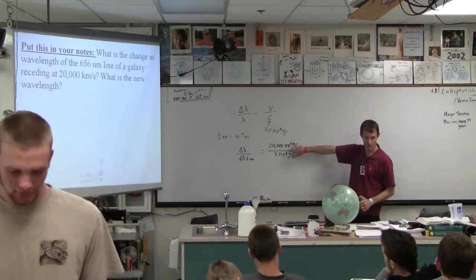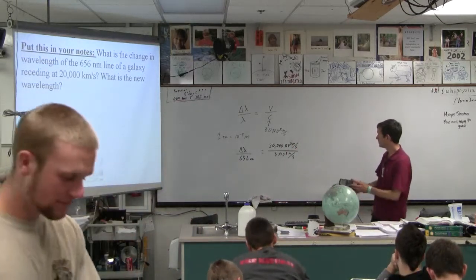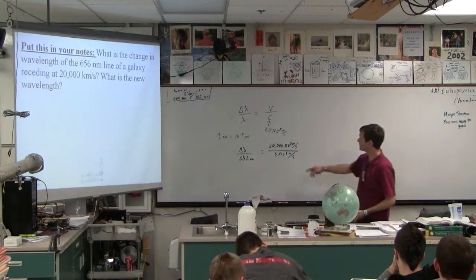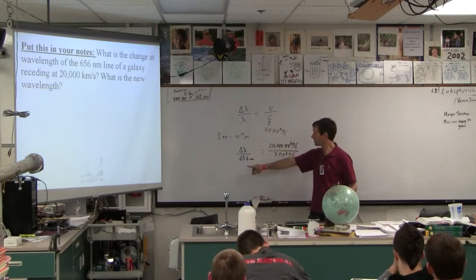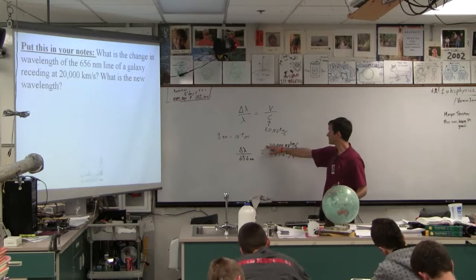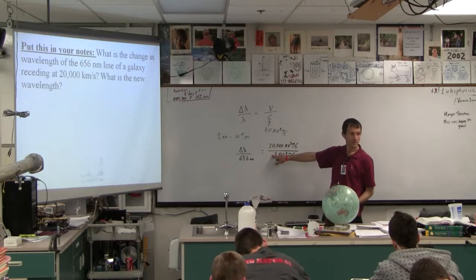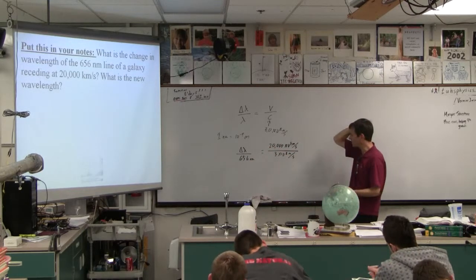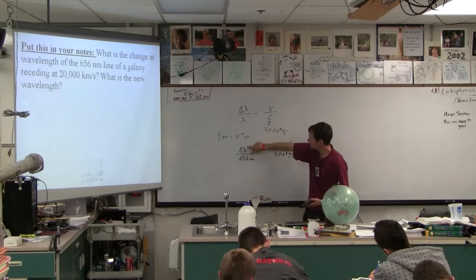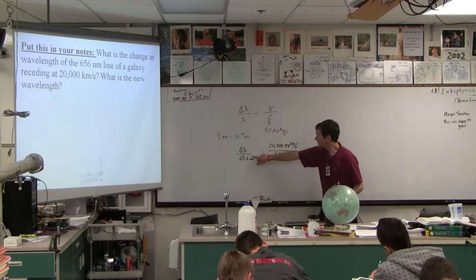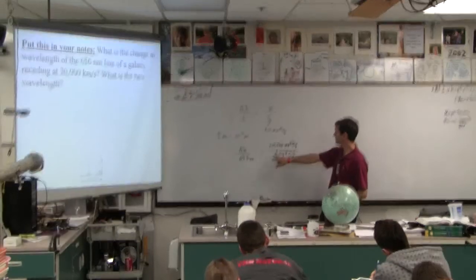Whenever you see kilometers, just say times 10 to the 3rd, right? Now, how are we going to solve for this guy? Do we just cross multiply this times this divided by this? Yeah, so take your calculator and calculate what this guy has to be. Go this times this divided by this.